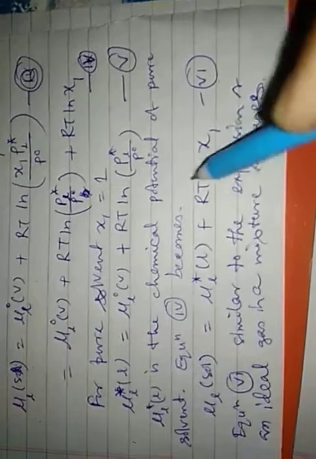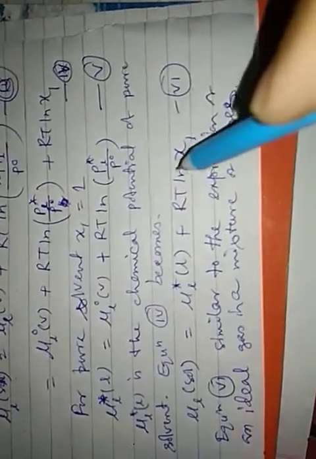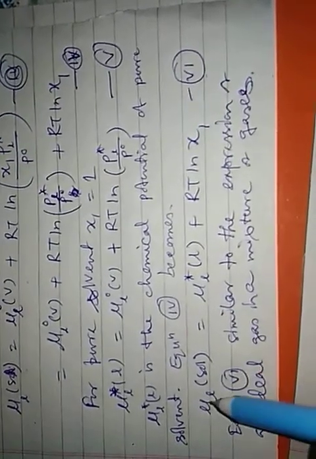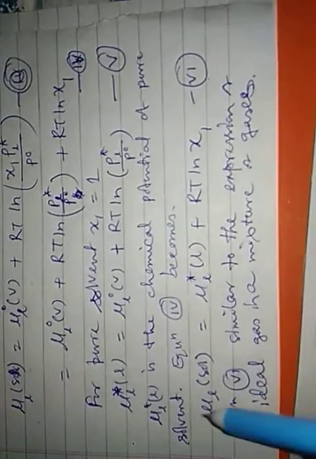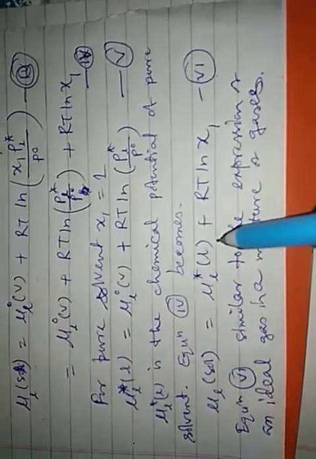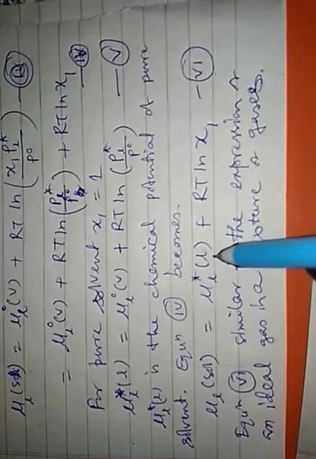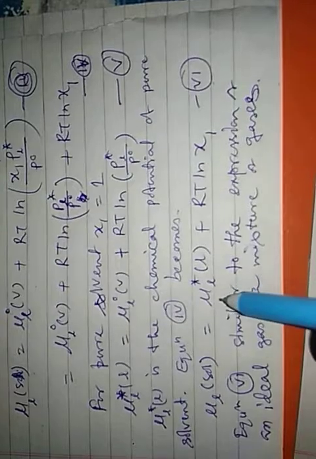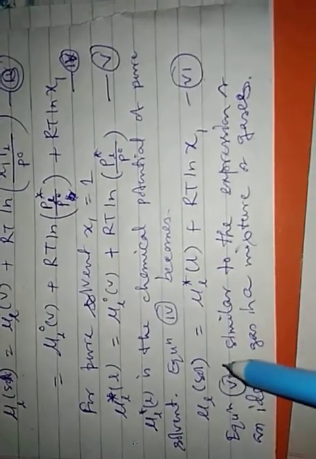Now x1, the mole fraction or amount fraction, is a fractional number less than 1. So the ln of a number less than 1 is a negative quantity. So the chemical potential of a solvent in the solution is always less than the chemical potential of its pure state. That is, the pure solvent has a higher chemical potential than the solvent in solution.